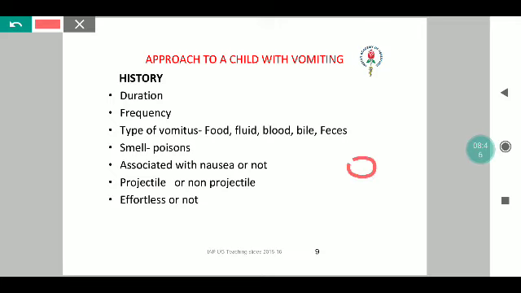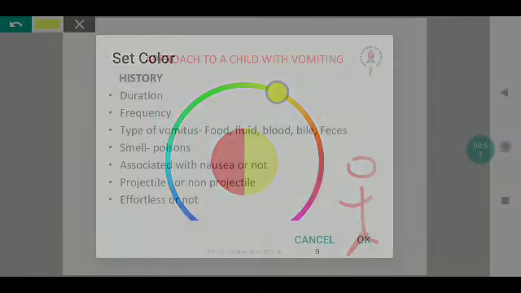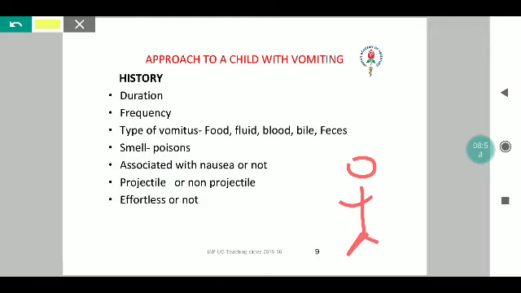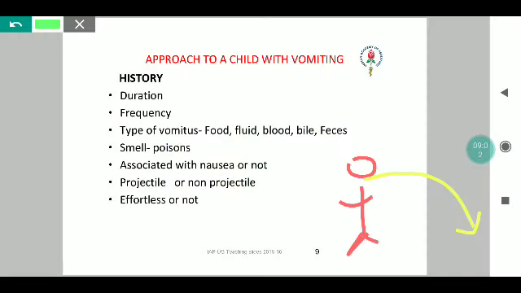We will assume that this is the child who has vomited, and I am highlighting the vomitus in this yellowish color. So, when the child vomits, if projectile, it will be with a force and will fall away. Whereas if it is non-projectile, it will fall towards the child and the clothing will get stained. What you saw in 1 was projectile and what you saw in 2 is non-projectile vomiting.